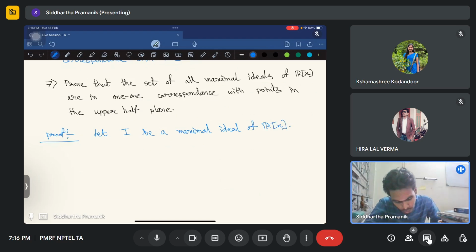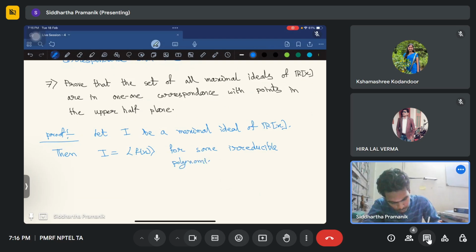We need to describe the ideal I. Then I is generated by some f(x), and this f(x) has to be irreducible, for the same reason as we have seen in the case of C[x].